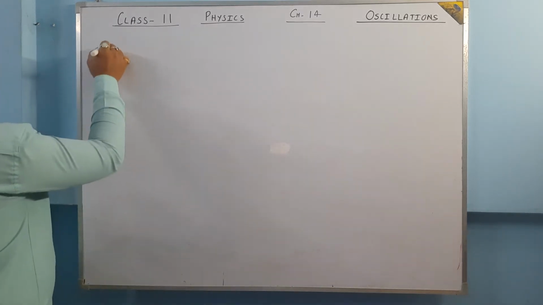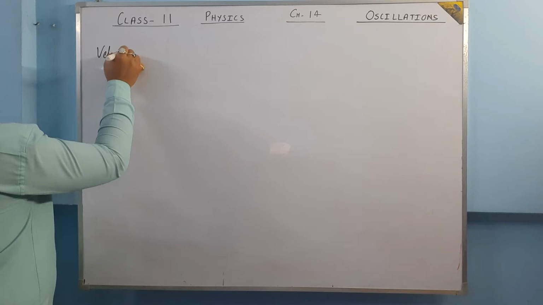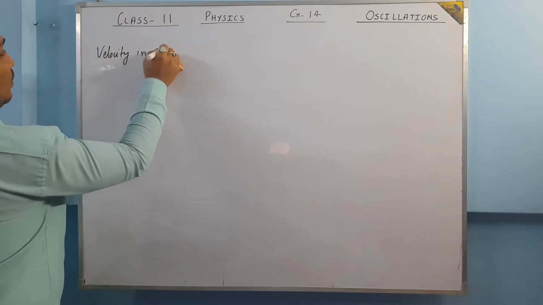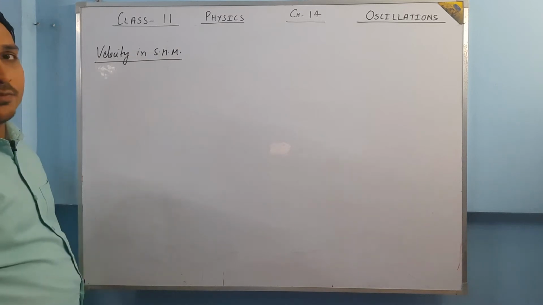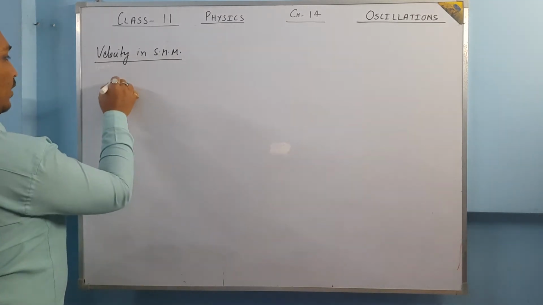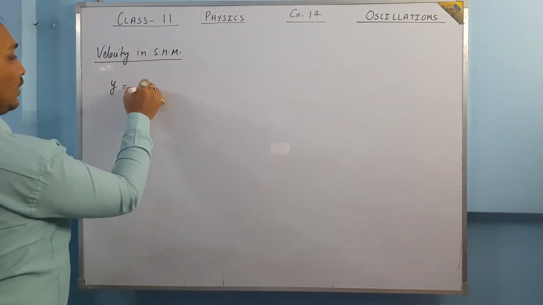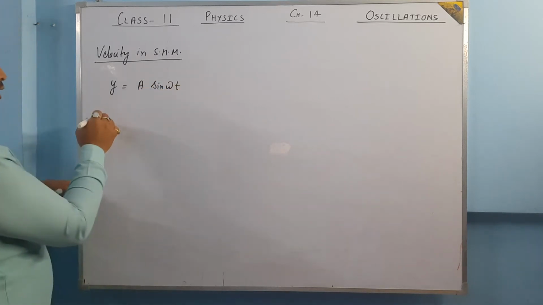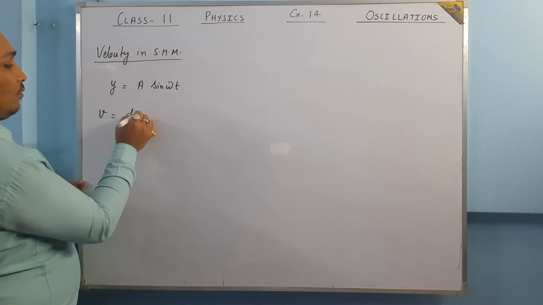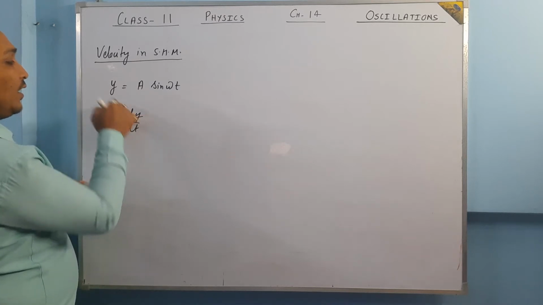Next is velocity in SHM. Velocity in SHM. So basically y is equal to capital A sin omega t. If I differentiate it, v is equal to dy by dt. Y is displacement.